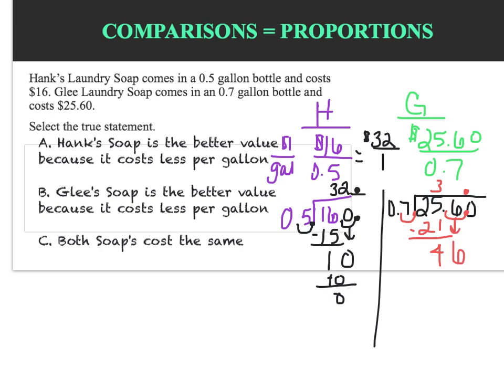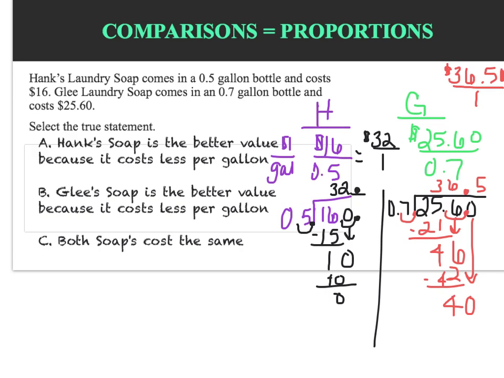Bring down my 6. 7 goes into 46 now 6 times. 6 times 7 is 42. Subtract, I get 4. Bring down my 0. 7 goes into 40 5 times. So when I look at this, I see that about $36.50 is the cost for 1 gallon.